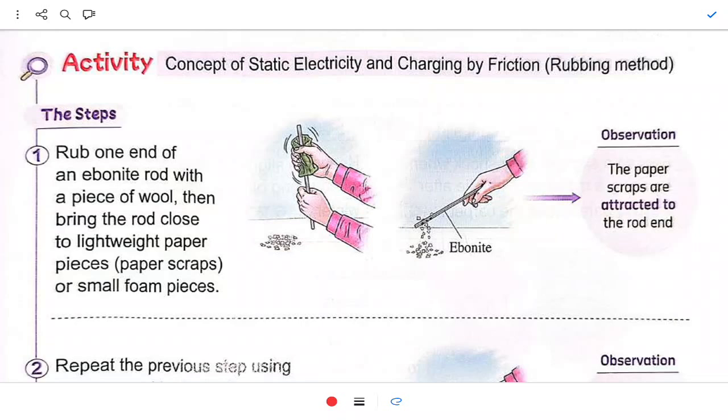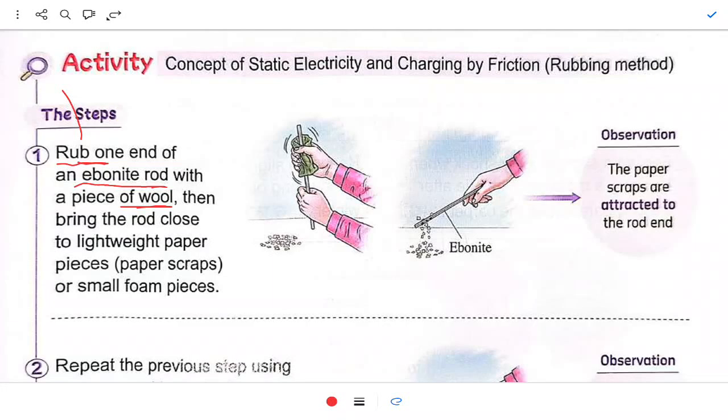Take an ebonite rod or your pen, and rub the end of it with a piece of wool. So take the ebonite rod and rub it with a piece of wool like that.